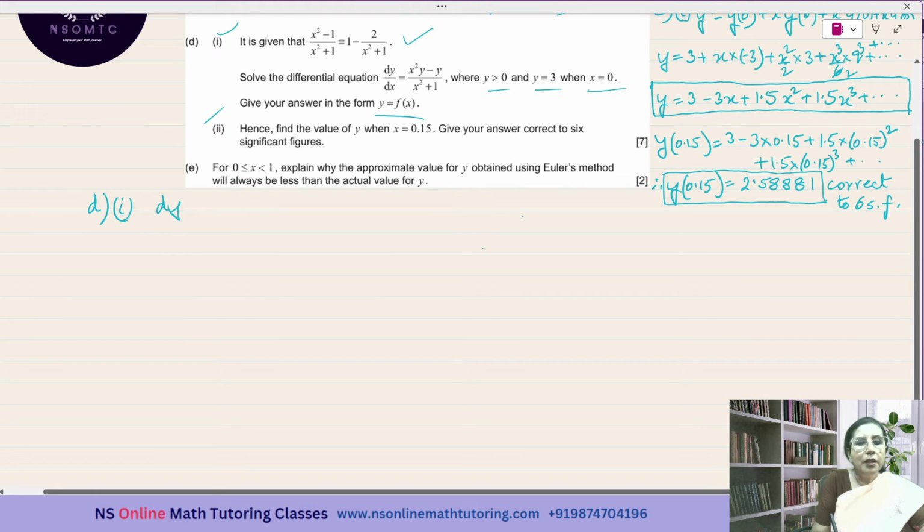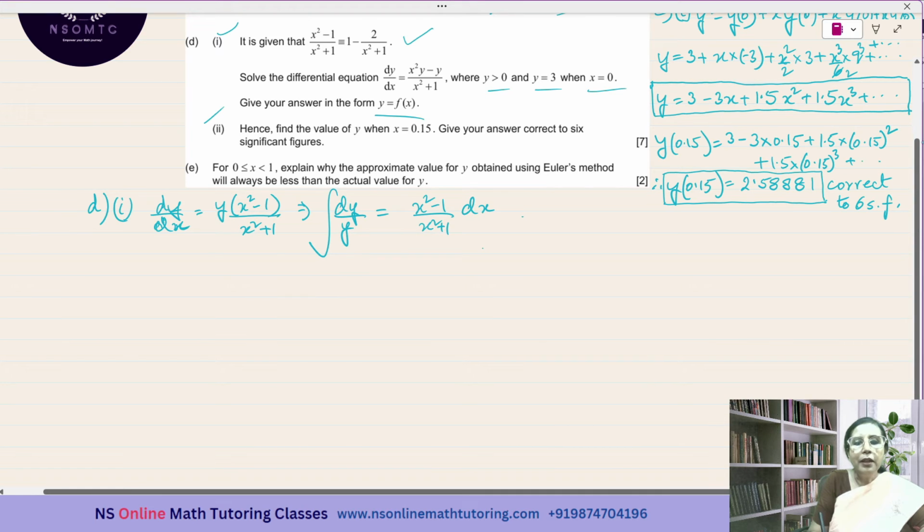So dy by dx is equal to y times (x squared minus 1) over (x squared plus 1). Okay. So this gives us dy over y equal to (x squared minus 1) over (x squared plus 1) dx.